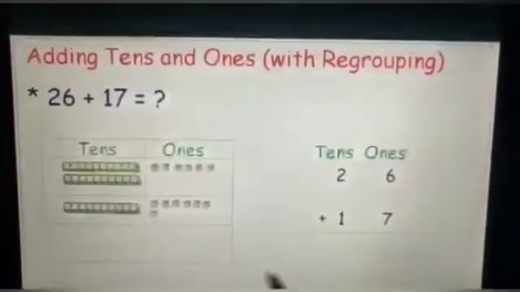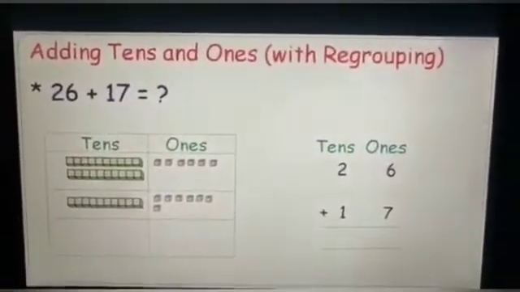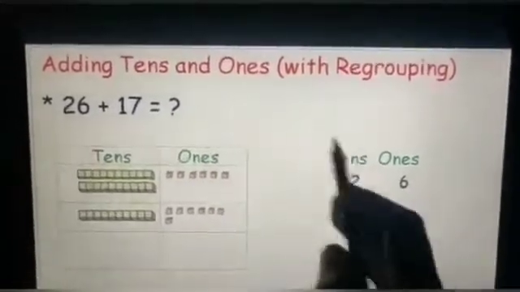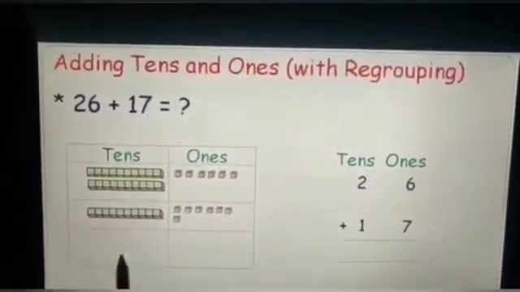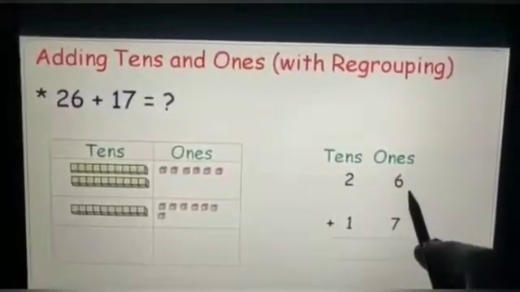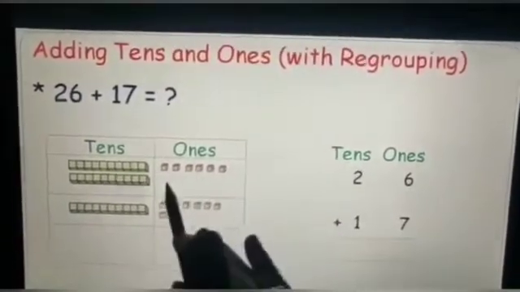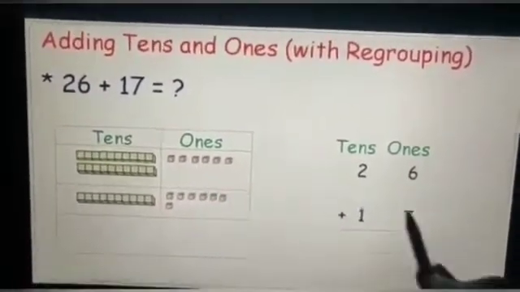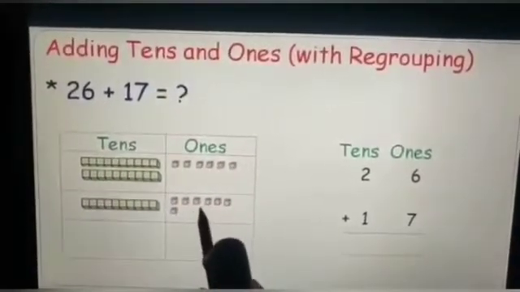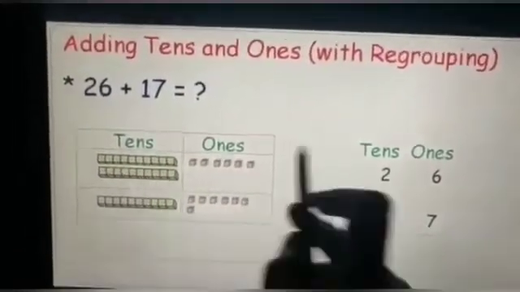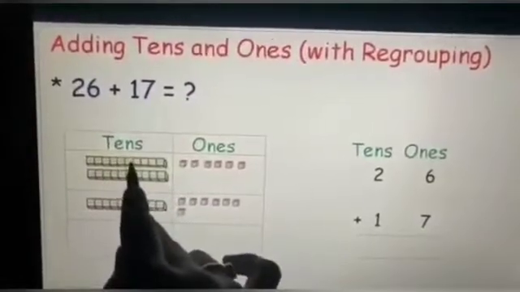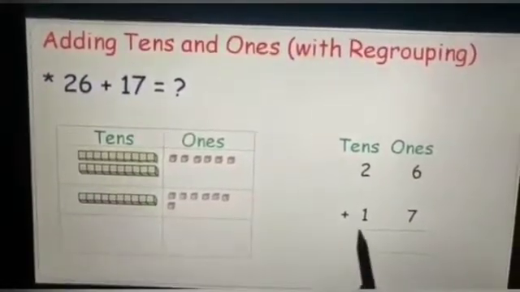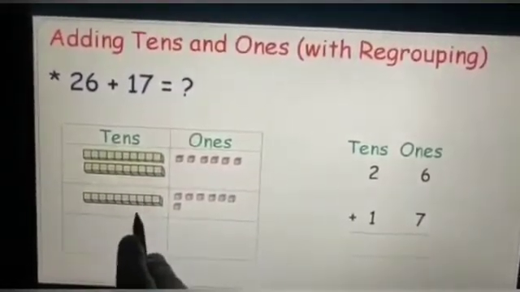In this picture, I have drawn tens and ones blocks also. For number 6, I have drawn 6 ones blocks. For 7, I have drawn 7 ones blocks. For 2 tens, I have drawn 2 tens blocks. And for 1, I have drawn 1 tens block.